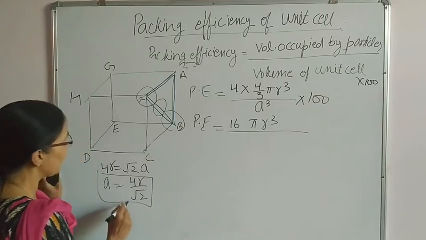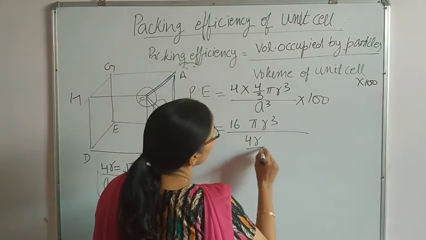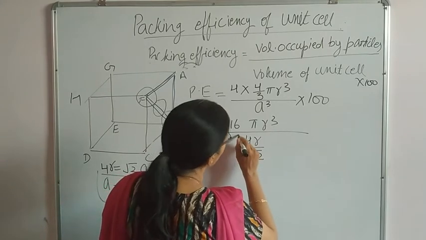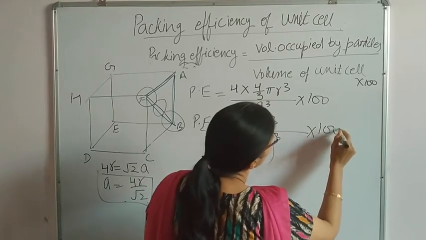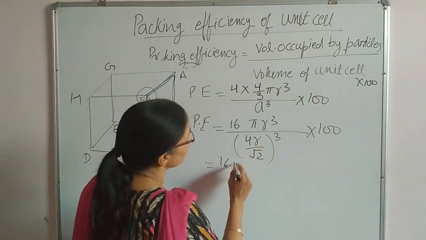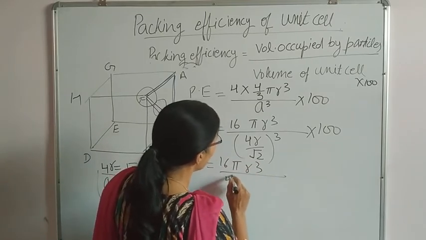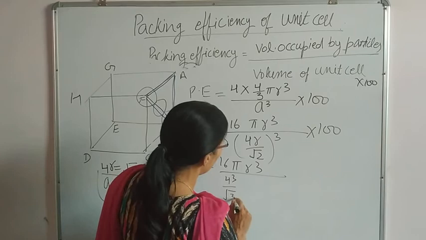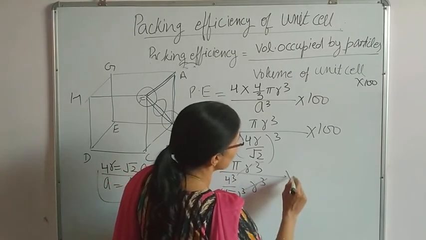Put the value of 4r upon root 2 here, whole cube, into 100. So 16 pi r cube upon 4 cube by root 2 cube r cube, r cube cancels out.